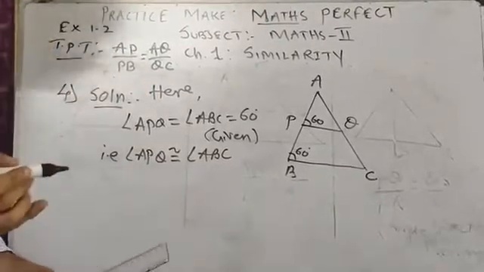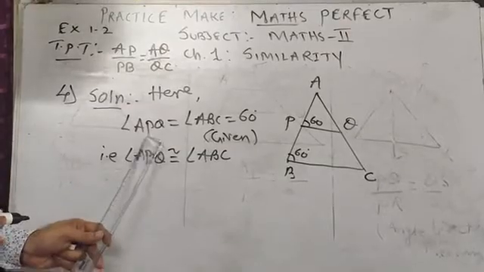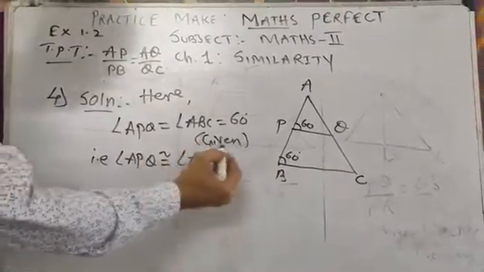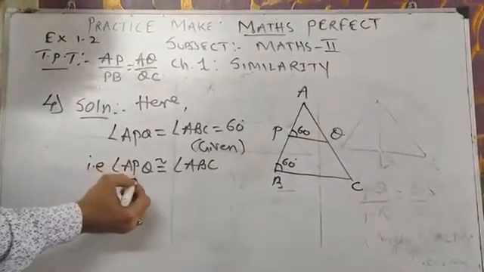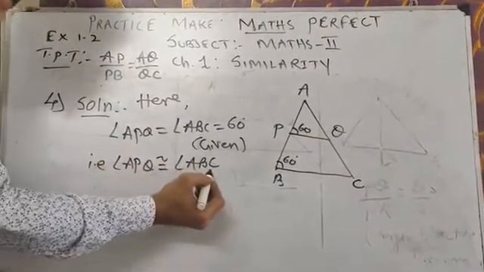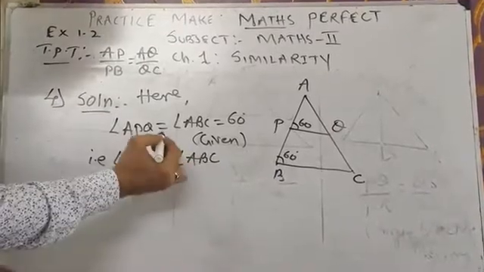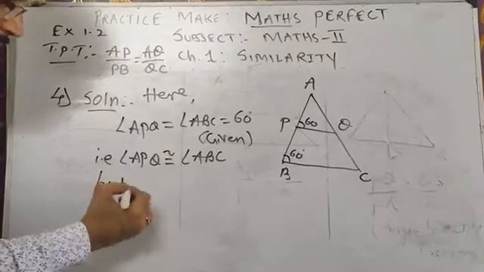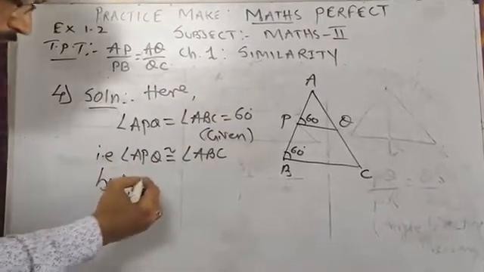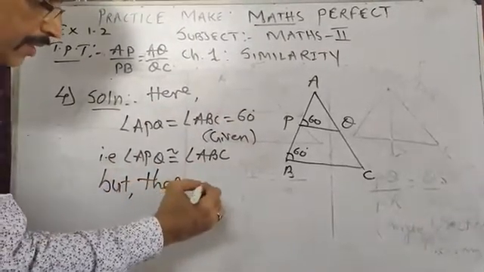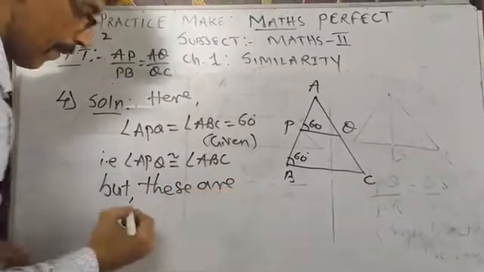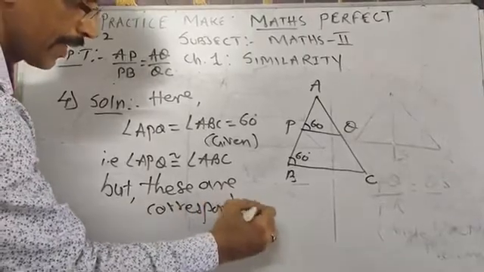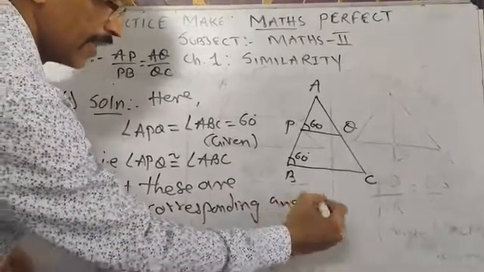So it is a very easy sum. Here it is given angle APQ is equal to angle ABC equal to 60. So I have written here, given, angle APQ is congruent to angle ABC. It is given equal, but which type of angle they are, you can easily come to know. These are corresponding angles.